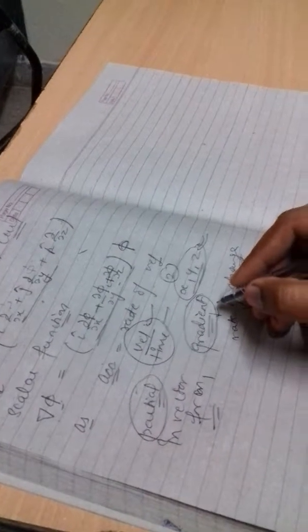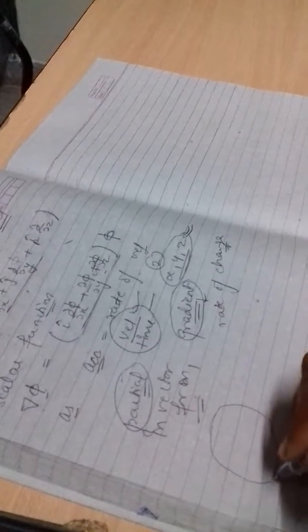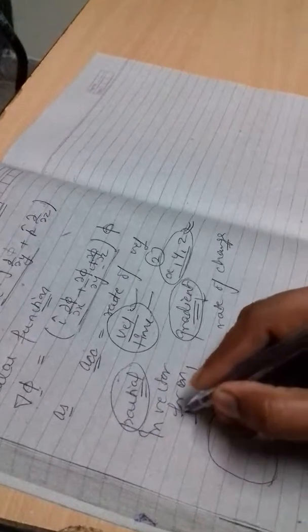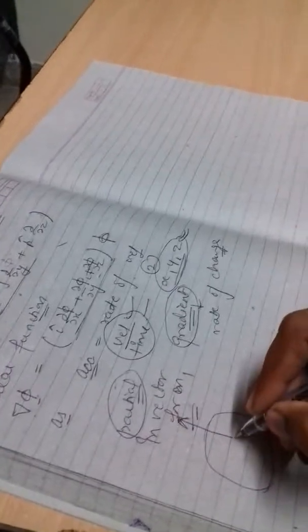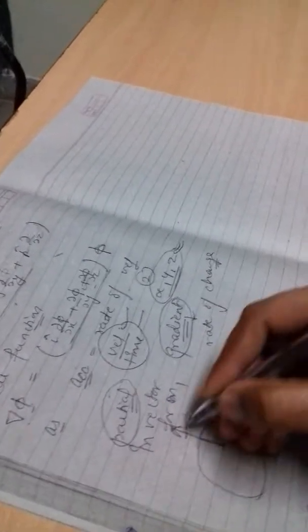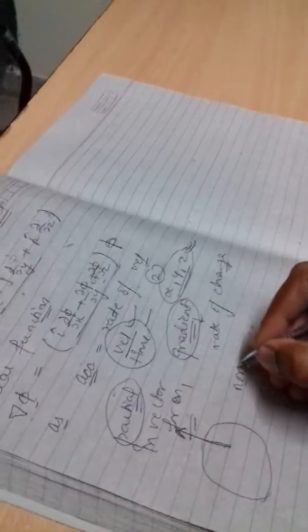So gradient is nothing, and one more thing: this is your surface, right? The direction of this surface is usually or most of the time upwards, right? This upward direction shows that it is your normal to the surface.